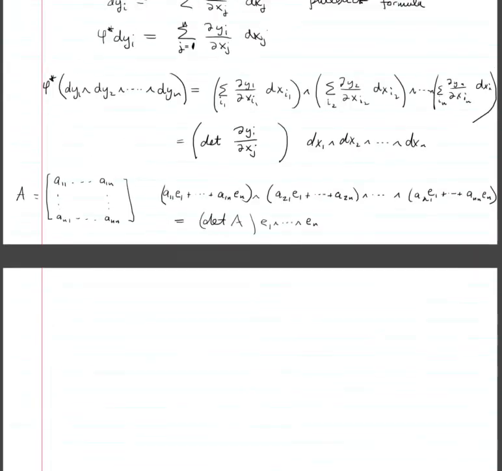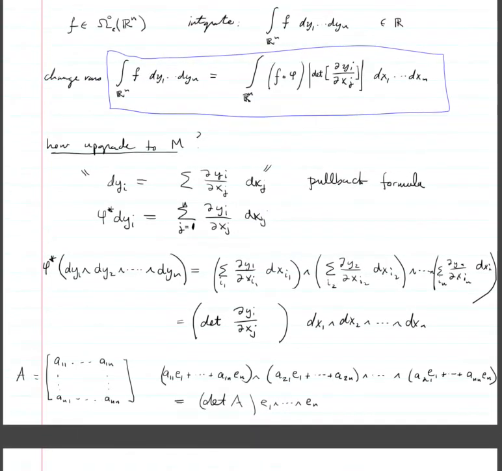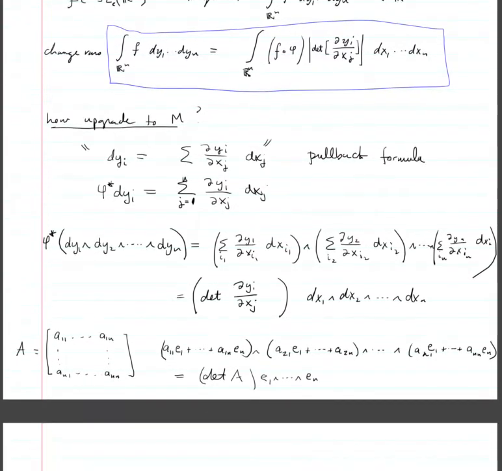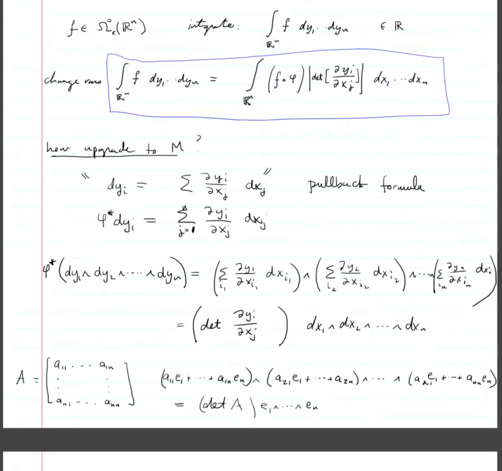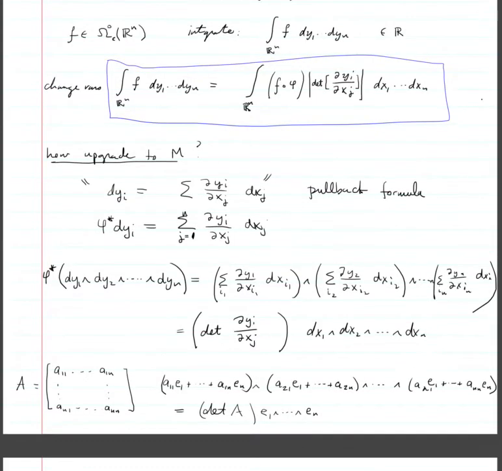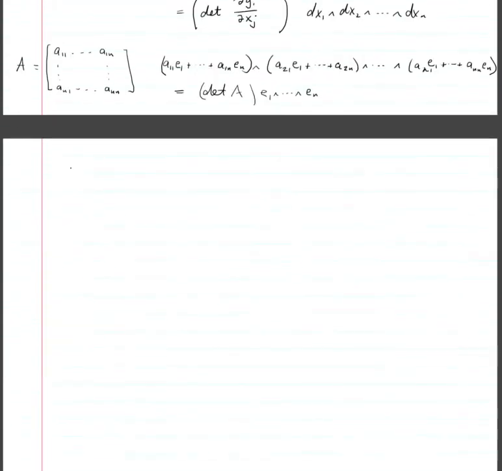So in other words, this formula, let's give it a name, star, may be rewritten as follows, the integral over Rn of f.